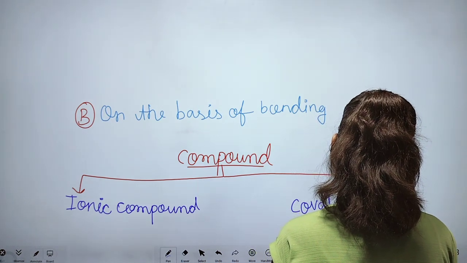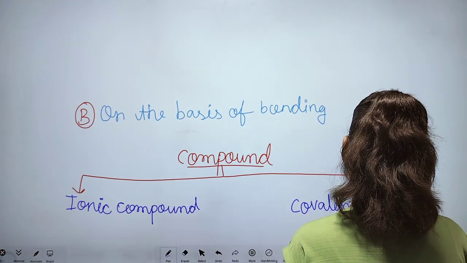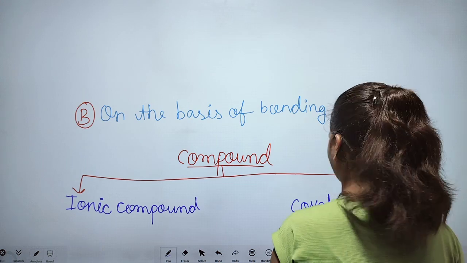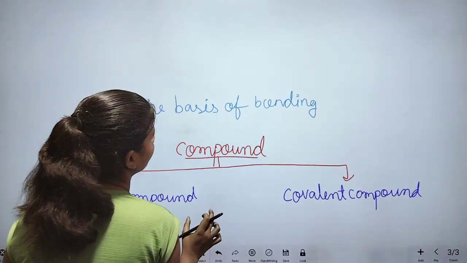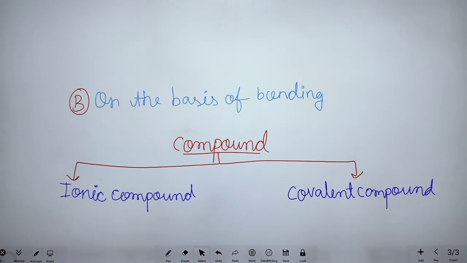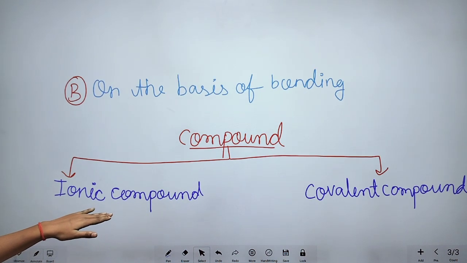And B1 is on the basis of bonding. There are two types of compounds. First one is ionic compound and second one is covalent compound.